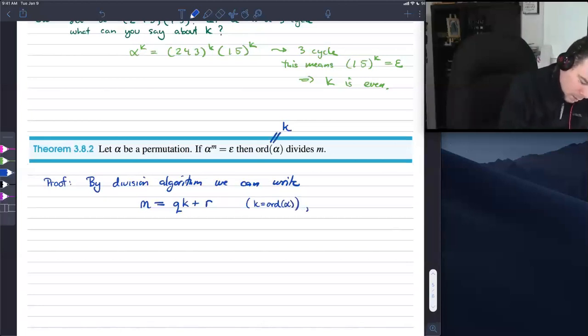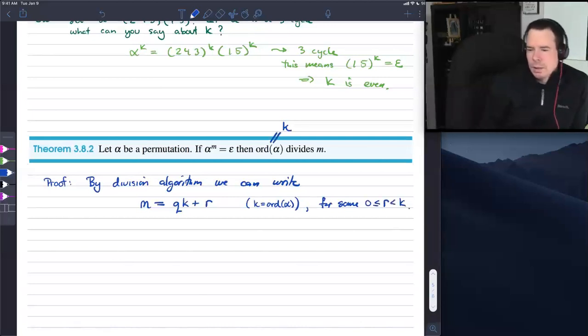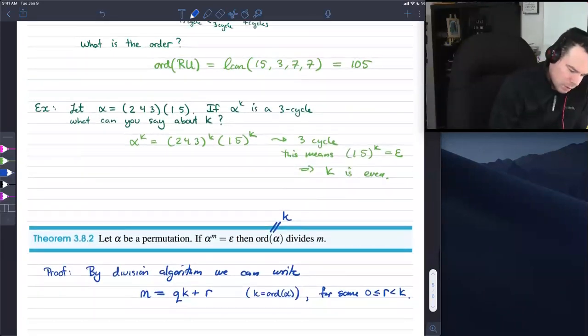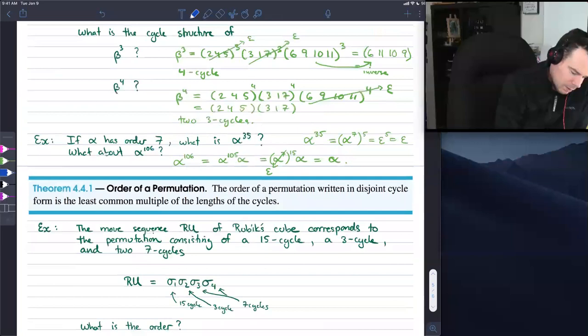And this is for some remainder r, which is between 0 and k. So in other words, m is killing alpha, so write it as some multiple of the order plus a remainder. This is not strange to us because we just did it back here for this example.